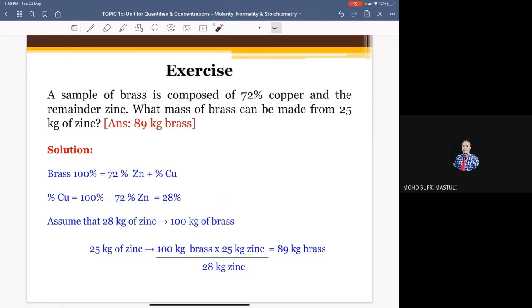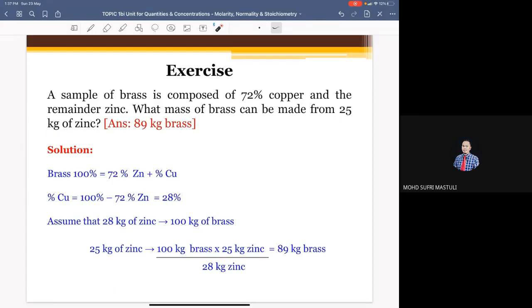All right. So this is another question related to the fraction. A sample of brass is composed of 72% copper and the remainder is zinc. What is the mass of brass that can be made from 25 kilogram of zinc?